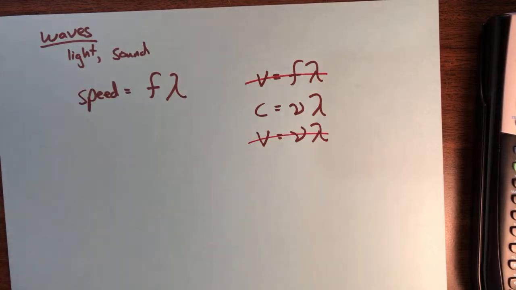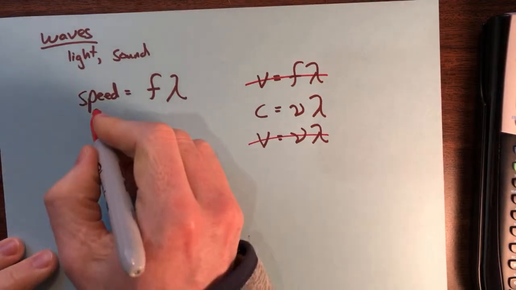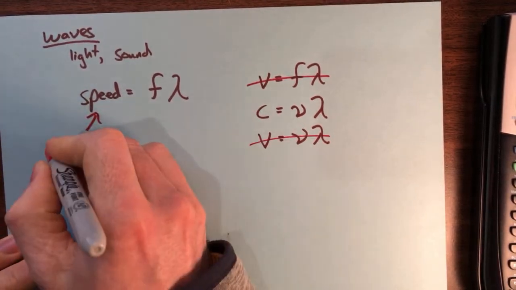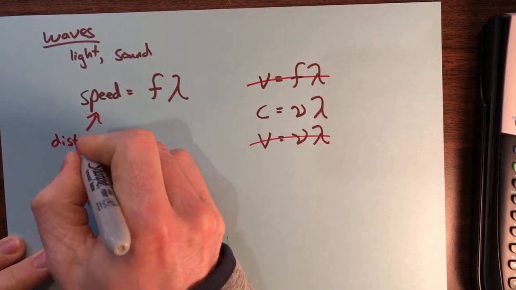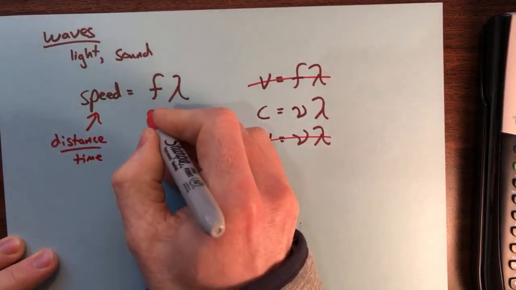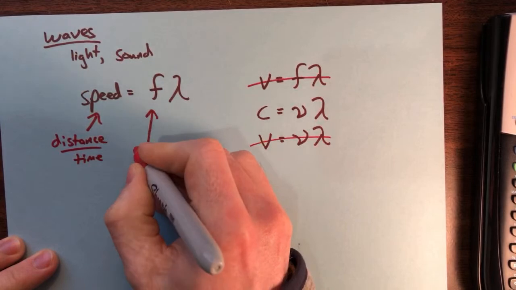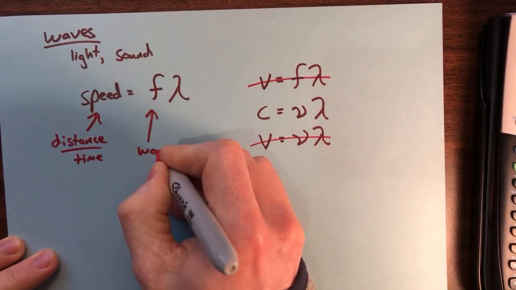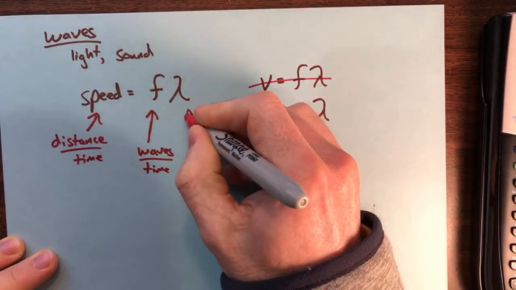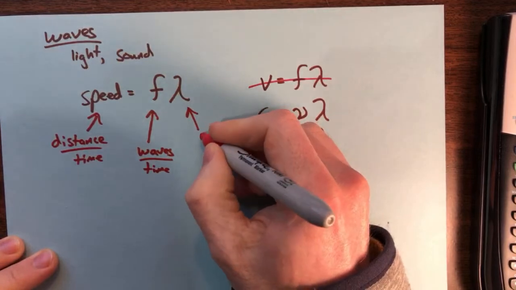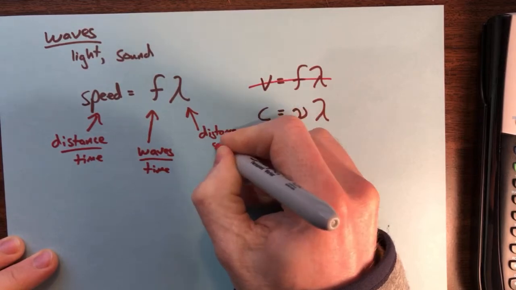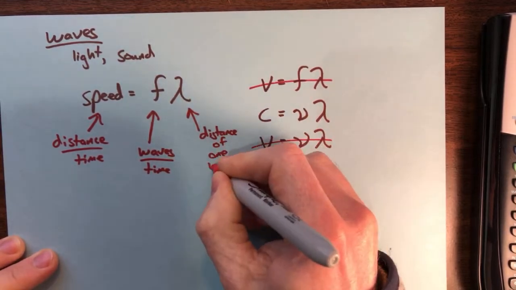But let's break down this formula and try to make some sense of it. This speed is going to be, just like anything, the distance traveled per unit time. What is the frequency? The frequency is the number of waves per unit time, and this here is the distance, or the length, of one wave.